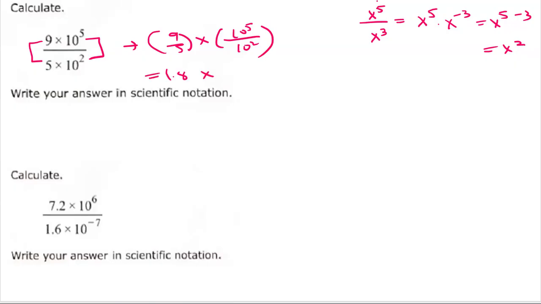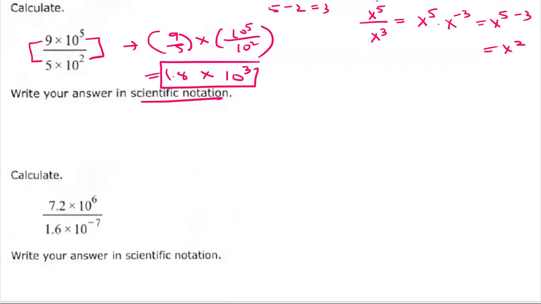And then 10 to the 5th divided by 10 squared. Since I'm dividing, I just subtract the powers, so that's going to give us 3. So that's going to be 10 to the 3rd power. And then there's my answer, because again, it wants it in scientific notation.